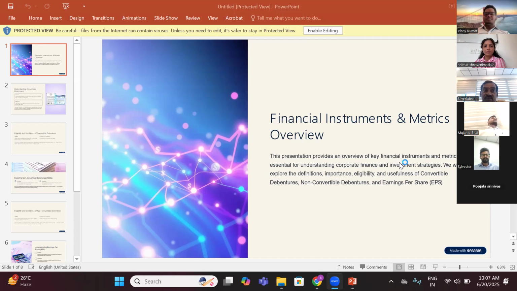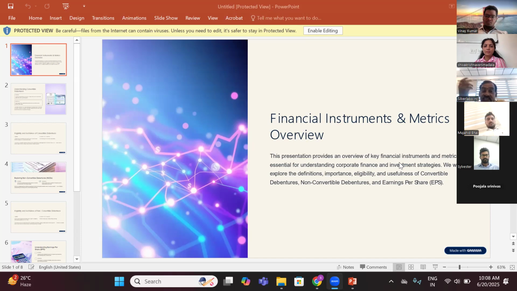The investor of CDs will have dual benefits. These CDs can be converted into shares, and whenever there is an increase in share price in the market, he can negotiate and he can sell the debentures and take the benefit out of it.